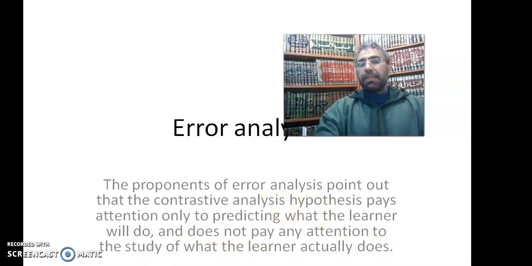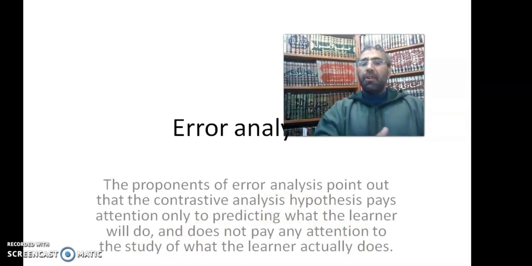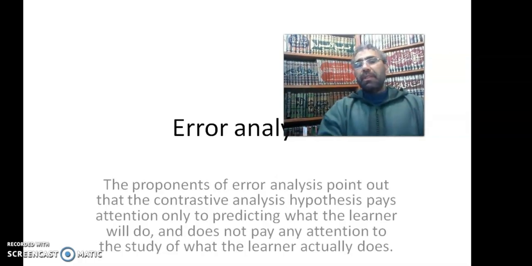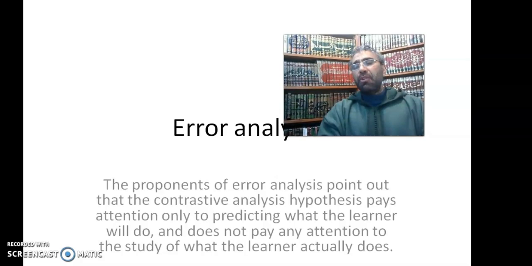Contrastive analysis hypothesis claims that when somebody is learning a new language, he will be transferring, he will be bringing over the rules from his L1 into the new learning situation. And so if the rules he or she is transferring happen to be the same in the L2, then that's called positive transfer, and that's good, and that will enhance and speed up and help the learning process.